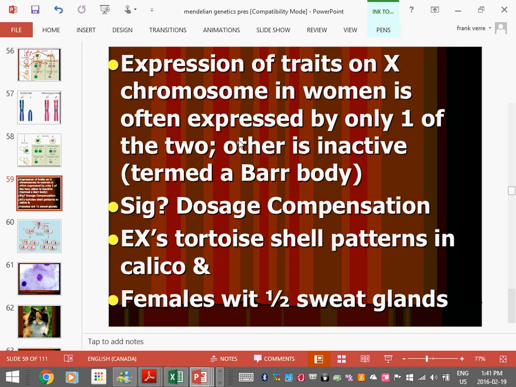But if you're a female and you're heterozygous, in the area of your body where the X that had the defective copy was switched off and the normal copy was left on, you have sweat glands in that area. But in another part of your body where the defective copy was left on and the normal copy was switched off, you have no sweat glands. So you could have a female that has sweat glands in some parts of her body and missing sweat glands in other parts of her body.